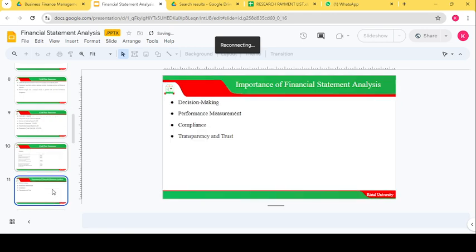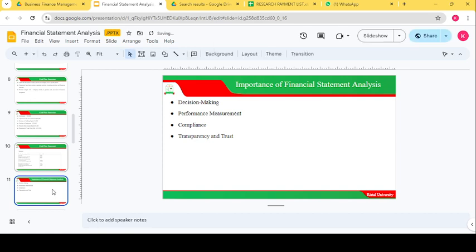So let's look at the importance of financial statements. What are the importance of financial statements? One, we have decision making. It helps investors and managers to make informed decisions about investments, resource allocations, and also strategic planning.